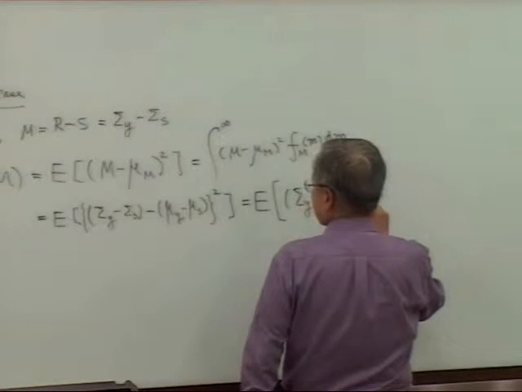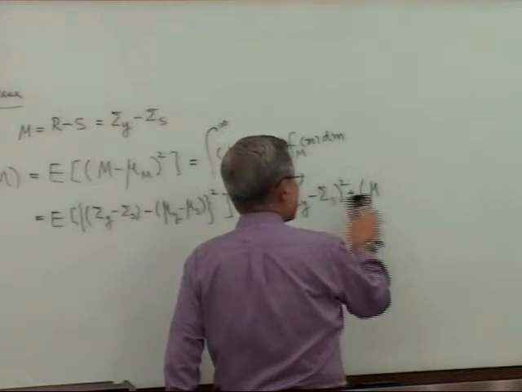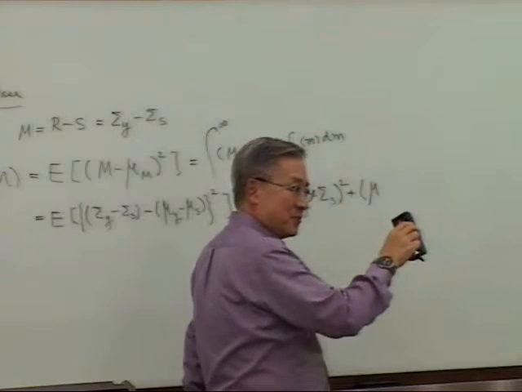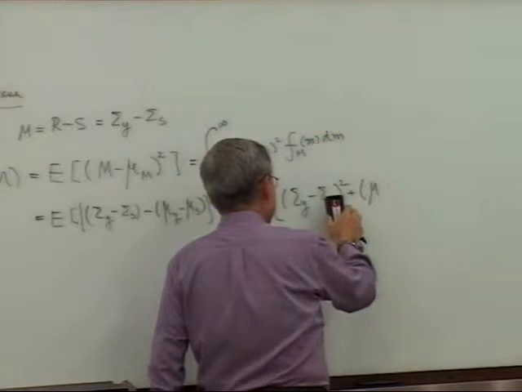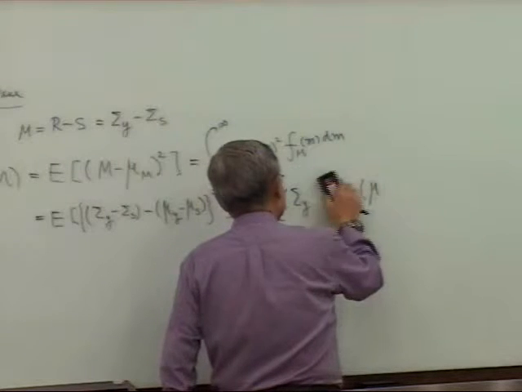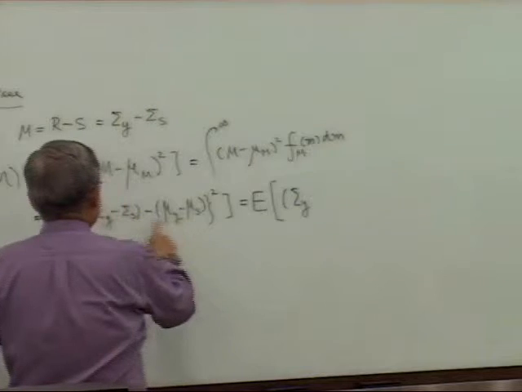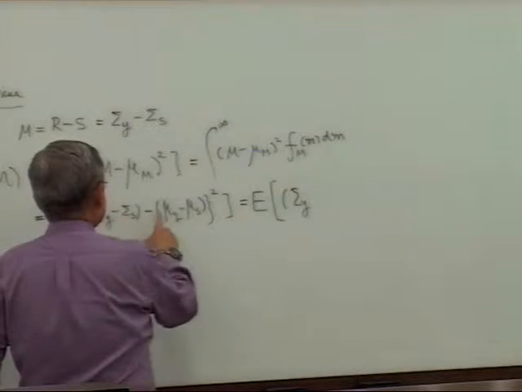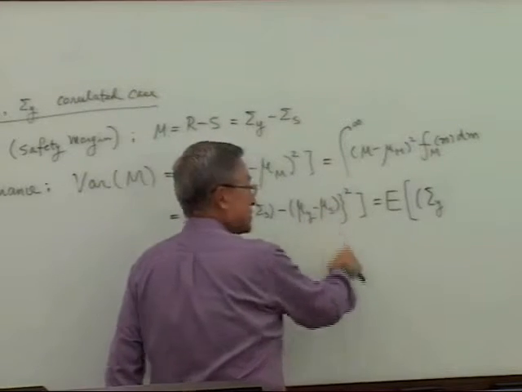is it correct? I'm trying to derive the expression in terms of the random variables, so I'm going to take this term associated with y, and this term associated with s.